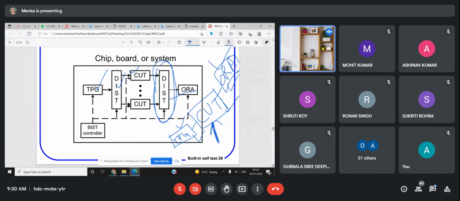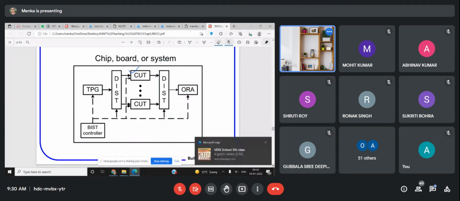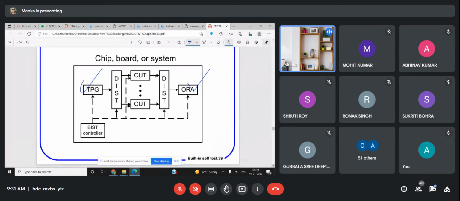But in this case this is offline, so the chips are not going to be in active mode. So you can use multiple chips all together, and test if the fault is there in some specific chip. How will you be testing? This is the BIST controller. You can see the test generation and ORA are controlled by this BIST controller along with these distributors.